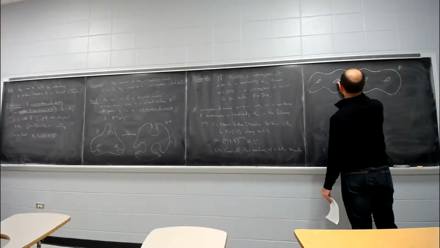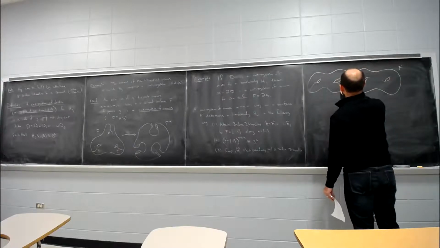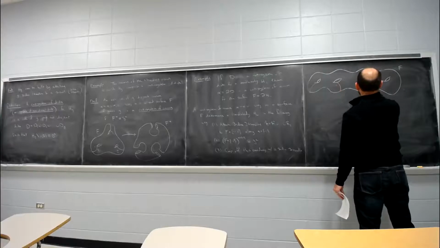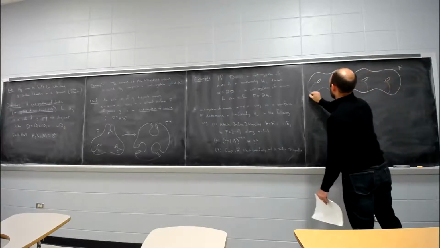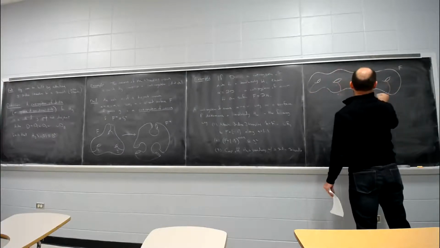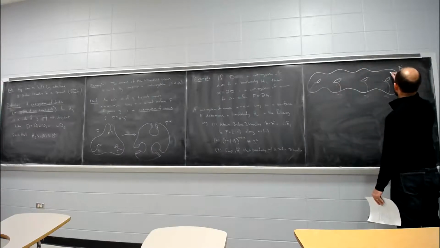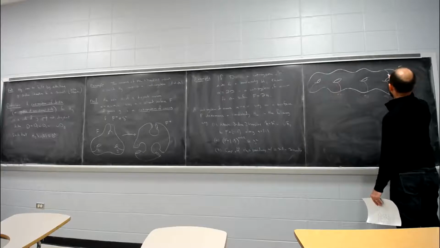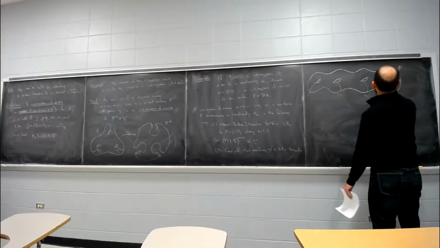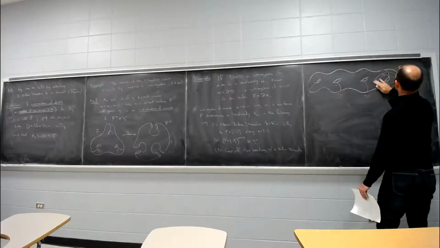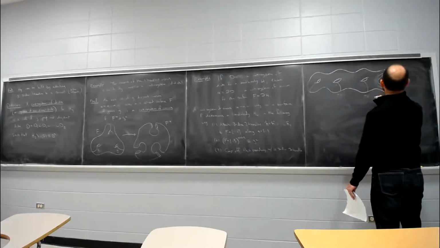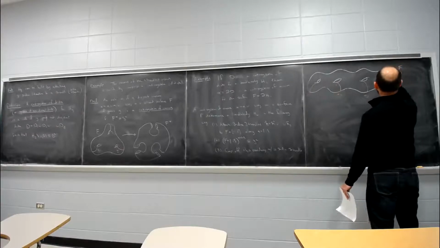Maybe I'll draw simple ones so that we can visualize this. This is alpha 1, alpha 2, alpha 3, alpha 4. So the first thing that we do is we thicken our surface to get F cross I. So you can draw that like this. Let's see how to draw this. It should go like this.